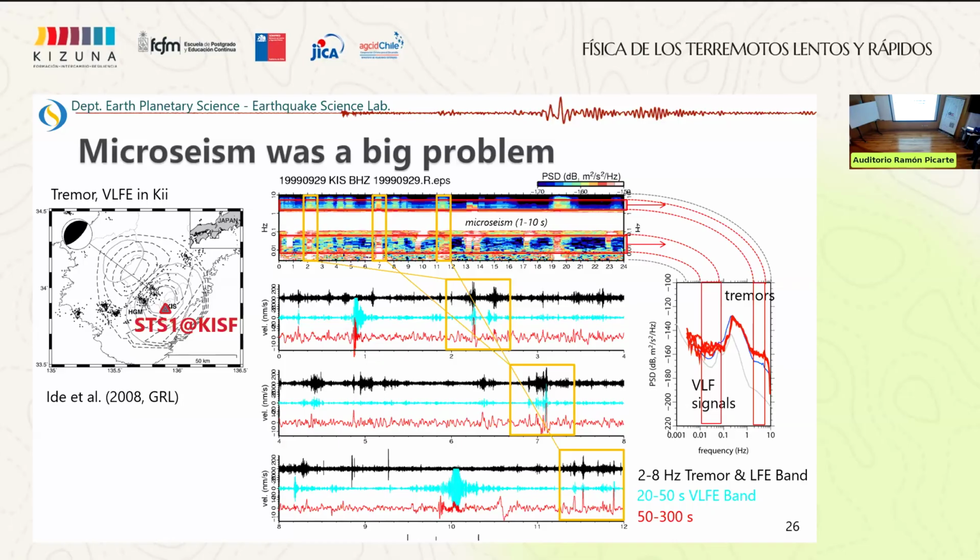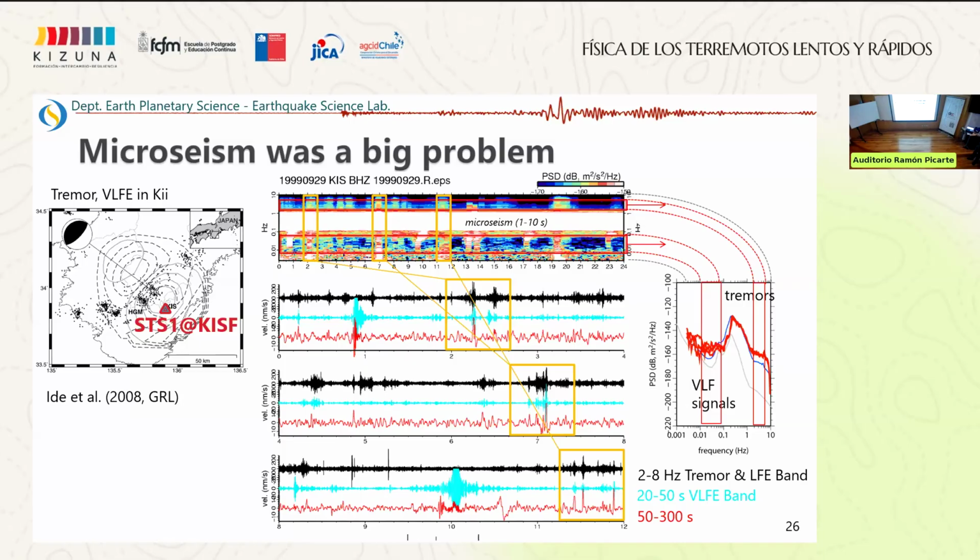Between tremor and VLFE, what we observe is microseism. Microseism is noise made by ocean waves. This microseismic noise is very strong, and we cannot see anything between the tremor range and the VLFE range.